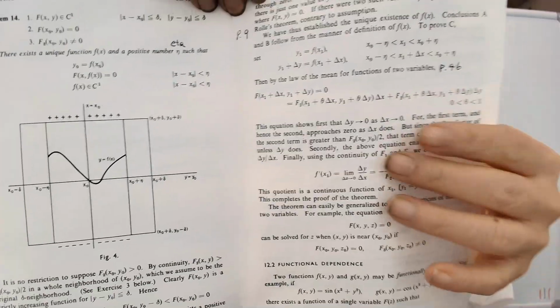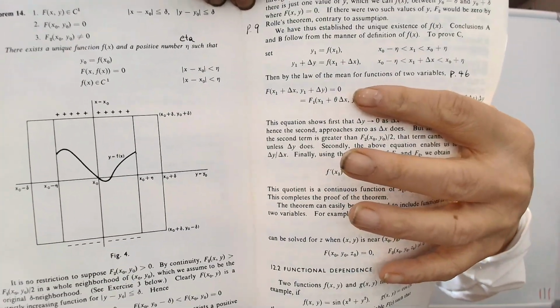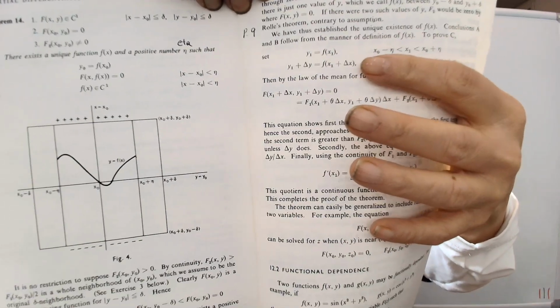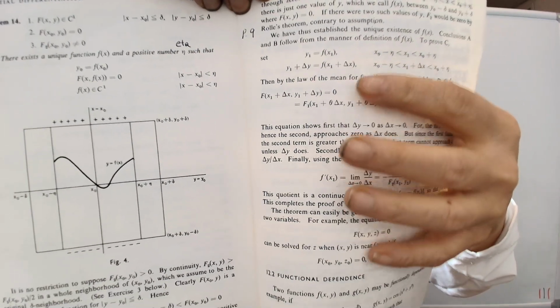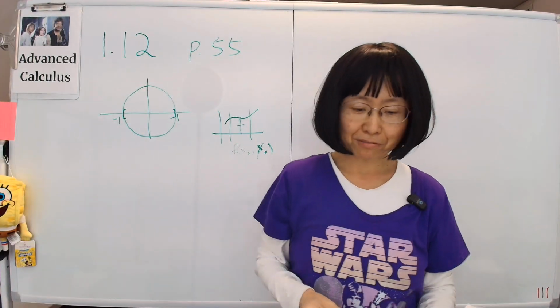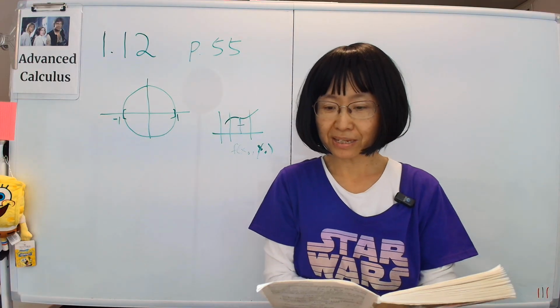Therefore, we have right here the first sentence: big F of x1 plus delta x, y1 plus delta y, being that y1 is a function of x, equals 0. And secondly, we're going to pull out the law of the mean, okay, from 10 pages ago.